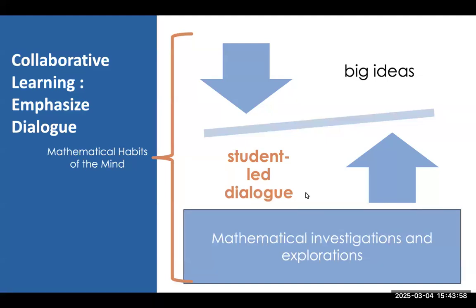We also want to consider some other forms of collaboration that exist that may not have the same sorts of impacts, things like cooperative learning. Cooperative learning is another instructional strategy whereby students work alongside each other to complete a task.